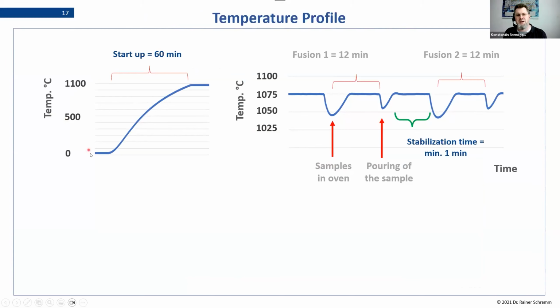First of all, it means you need to give the machine enough time after startup to heat up. Usually our machines start up from room temperature to fusion temperature in about 60 minutes. I would recommend even giving maybe half an hour longer to get stable.